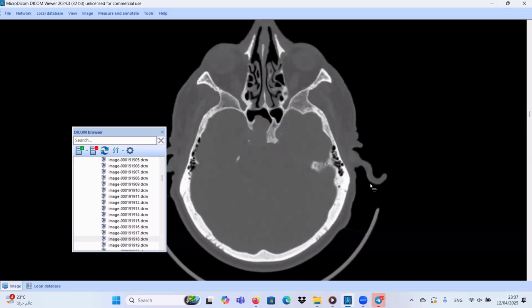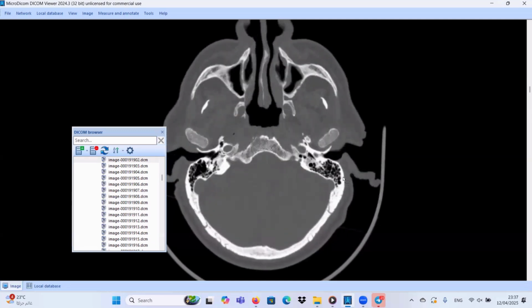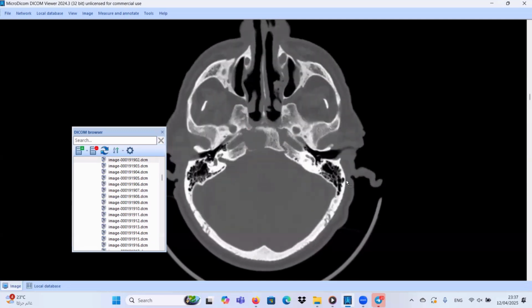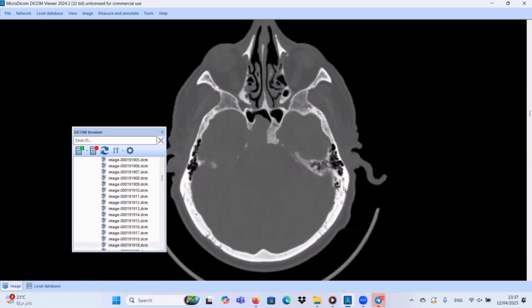And also this lytic lesion partially erodes the carotid canal in this area. This is the carotid canal, and this part is partially eroded by the mass lesion. So we have an aggressive lytic lesion, right paramedian in location, involving the clivus and the basisphenoid, with an extraosseous soft tissue component protruding inside the sphenoid sinus.